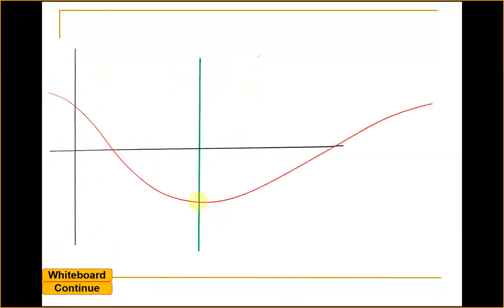What it does is it calculates the value here and the value here, and just draws a straight line between them. Straight line between them, right?